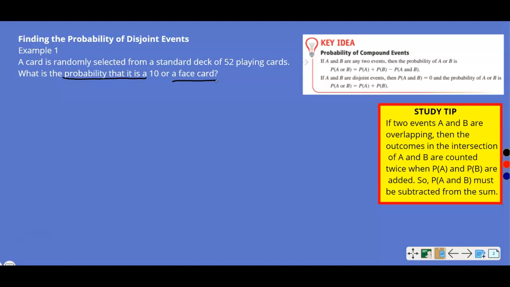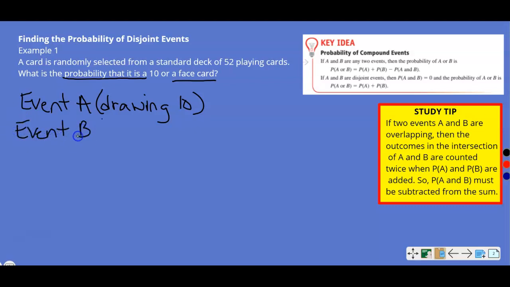All right, so let's start by assigning event A. So event A is going to be selecting a 10. Let's say drawing a 10. All right, and event B is going to be a face card.